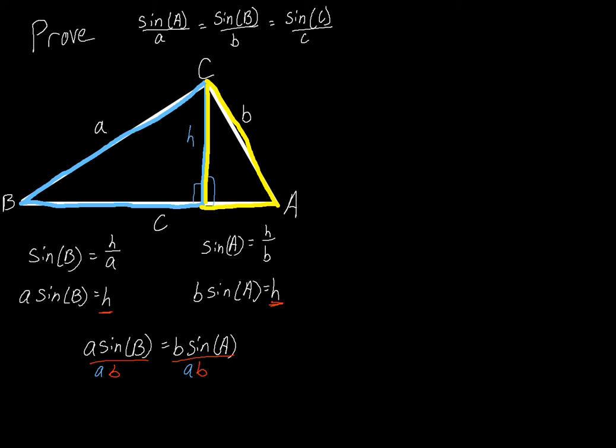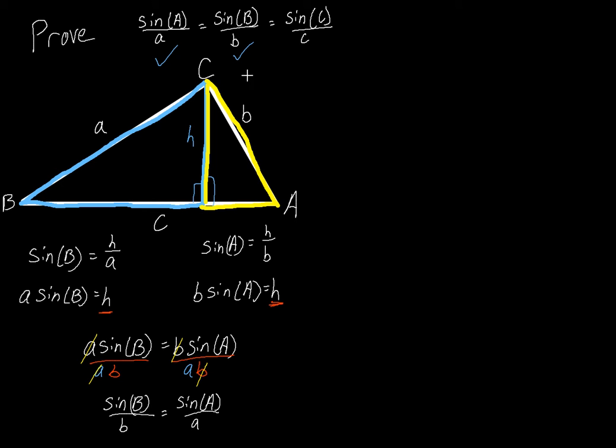The beauty of that is this a cancels with that, this b cancels with that, which means we're left with sine of big B over little b is equal to the sine of big A over little a. Using those trig ratios with that height, we're able to find out that part of this equation is true. So we have just proved that sine of big A over little a is equal to sine of big B over little b.